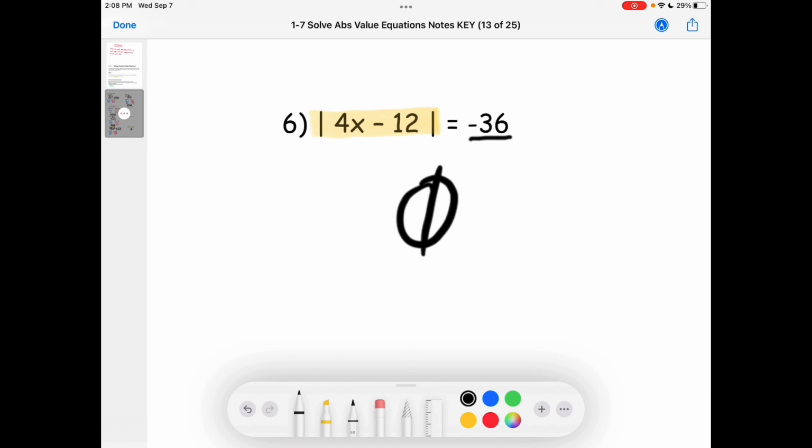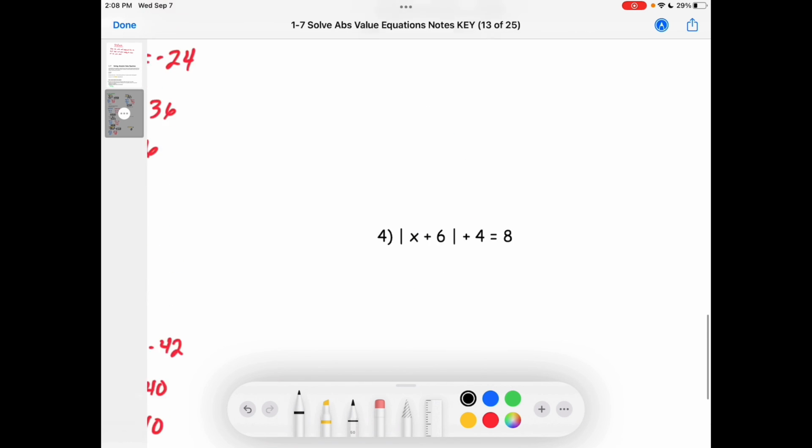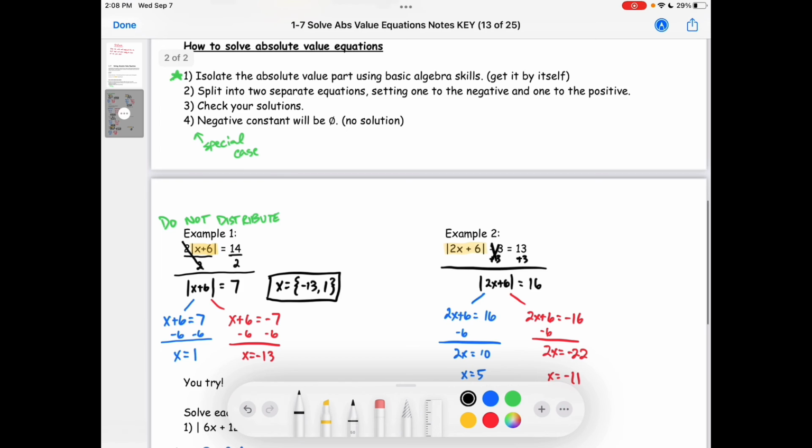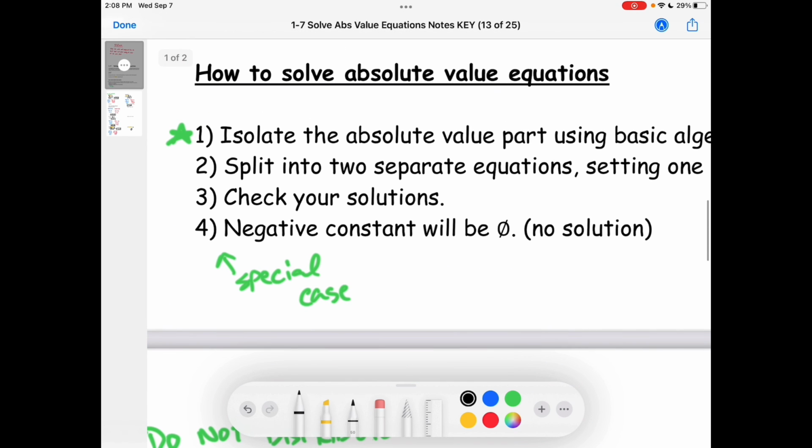Now, on your homework assignments, just because you have a negative number over here doesn't automatically mean that it's going to be no solution. Okay? The reason we put a little star on these instructions next to number 1 is because you always have to do that. Okay? There is no time in which you skip step number 1. You have to make sure the absolute value is isolated before you can do anything else.